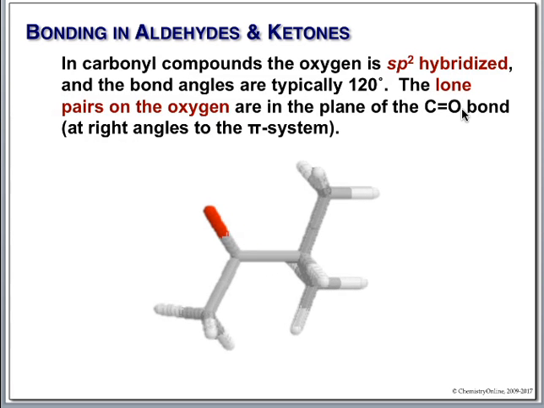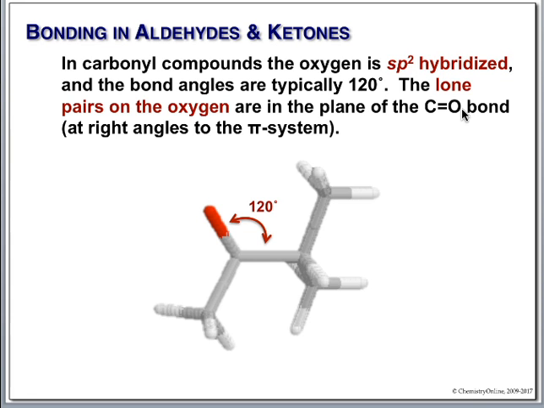All right, what about ketones and aldehydes? We have an sp2 carbon, a carbon-oxygen double bond, and our bond angle is 120. We have a pi system sticking out here, orthogonal to the board.